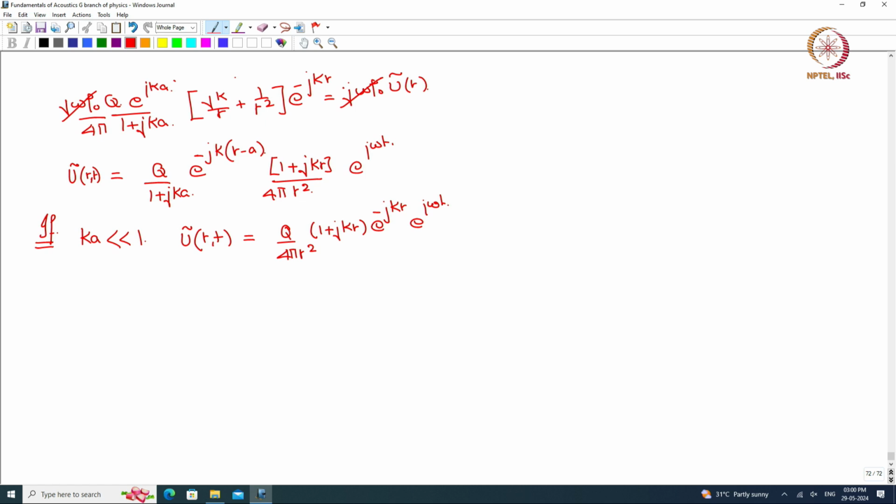Now, this is the acoustic particle velocity from a monopole.